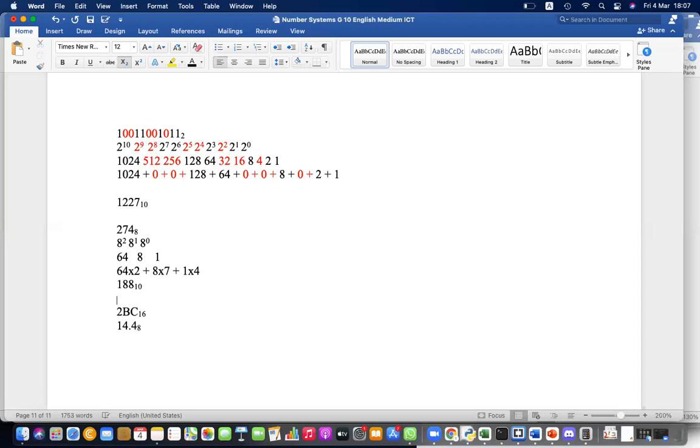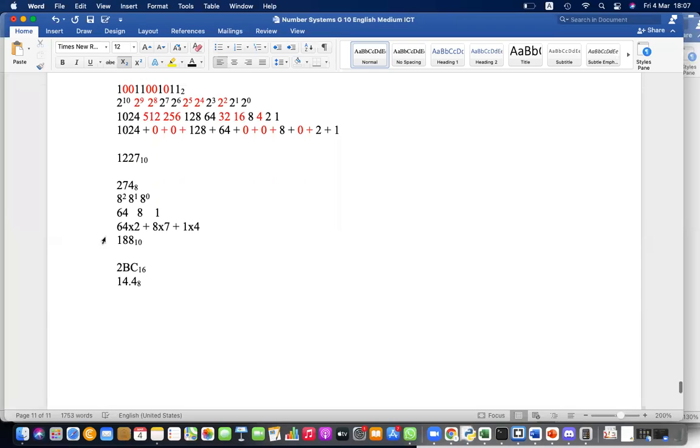The next one is this. Please write down if you have not done, right? 16 to the power 0, 16 to the power 1, and 16 to the power 2. So let's add the numbers. 16 to the power 2 is 16 by 16, 256. 16 to the power 1 is 16, and 16 to the power 0 is 1.